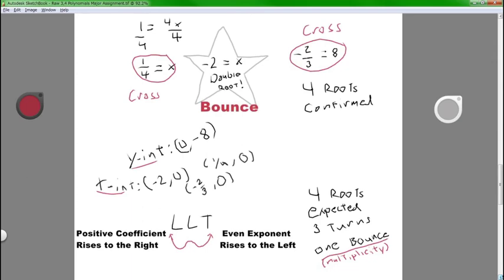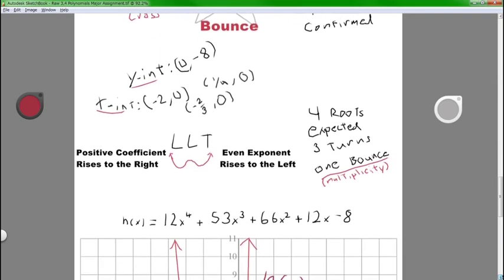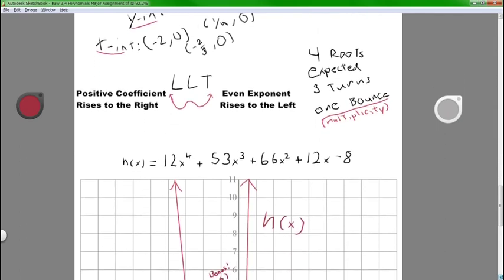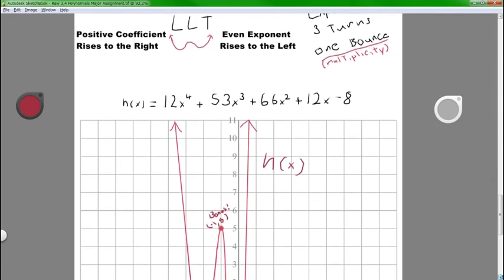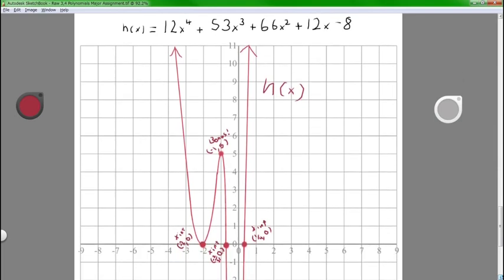And there will be 1 bounce because of the multiplicity. So now it comes time to graph the equation. H of x equals 12x to the 4th plus 53x cubed plus 66x squared plus 12x minus 8.